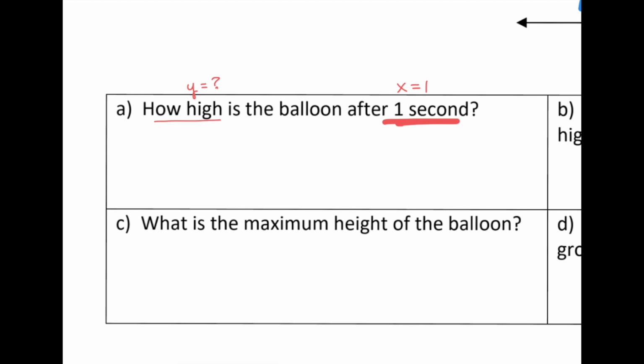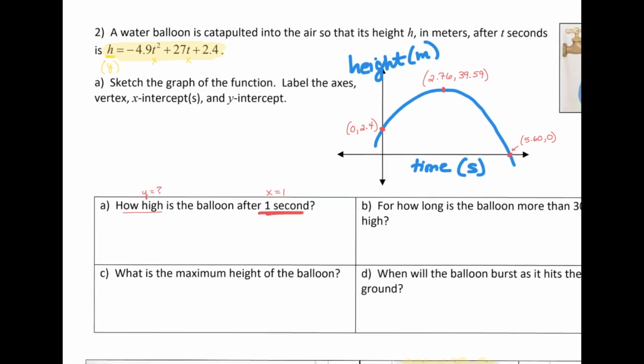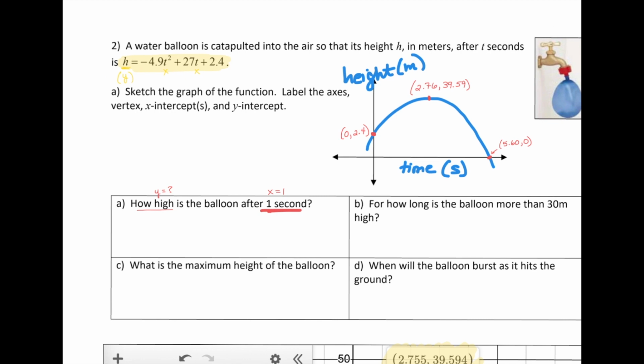Because 1 second isn't any of our main x values that we labeled on the graph over here, when I say that, I mean that if you look at the x values, x equals 1 isn't any of these numbers, and it would be somewhere around here.